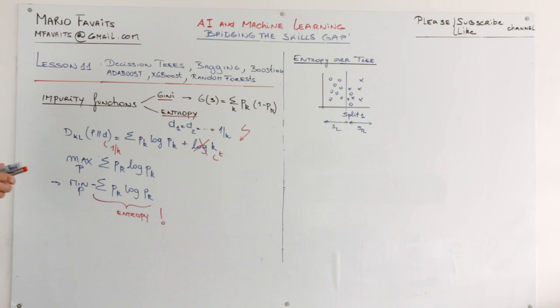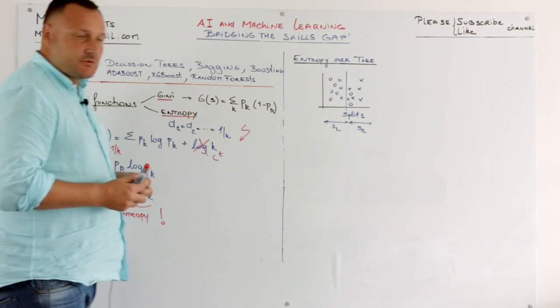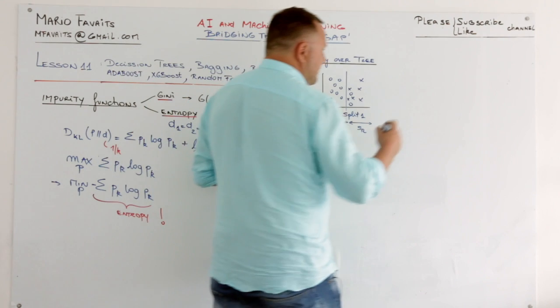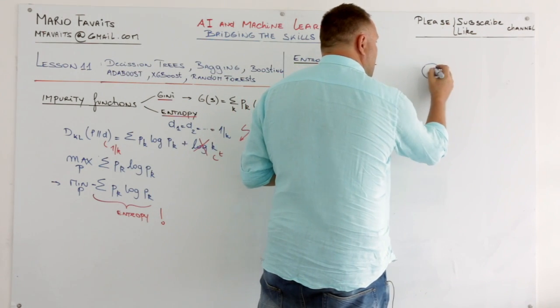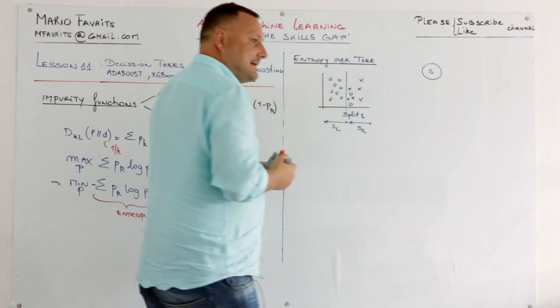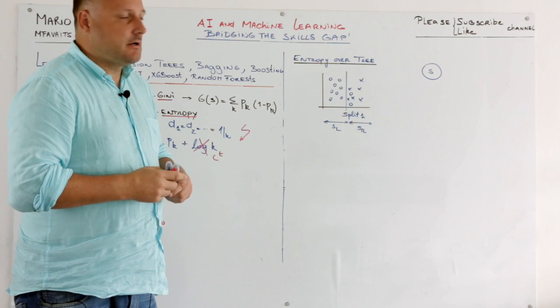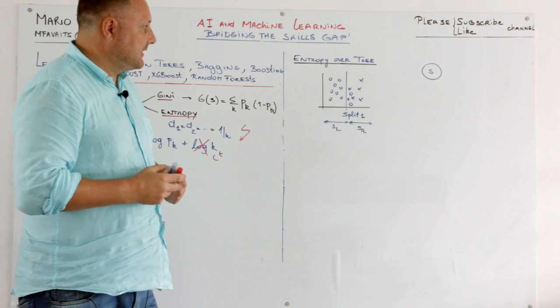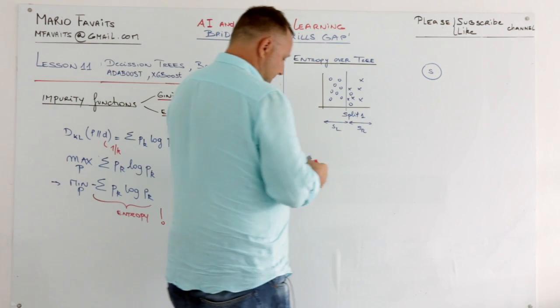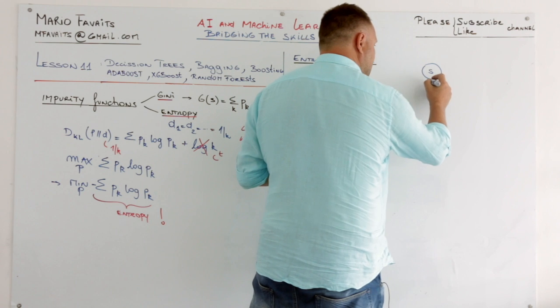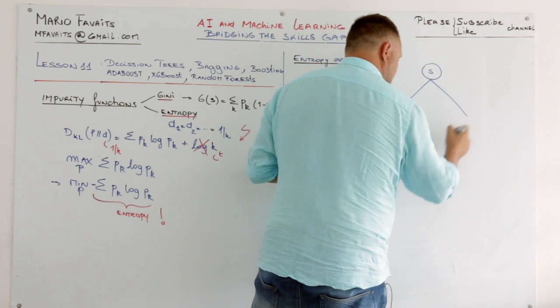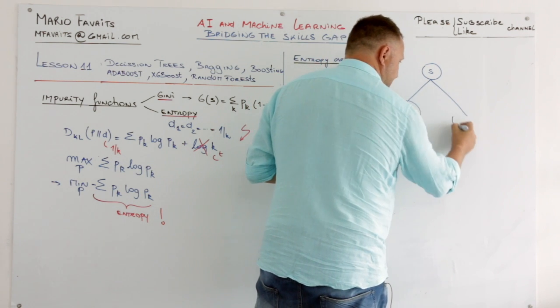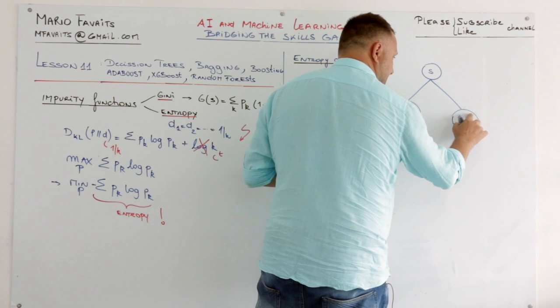Okay. Now let's take a look at how this works in a tree. You have a tree where you have S. S is basically all your data points at the start of the tree, and then you're going to do a split. And you have 2 new leaves here, as we've seen.